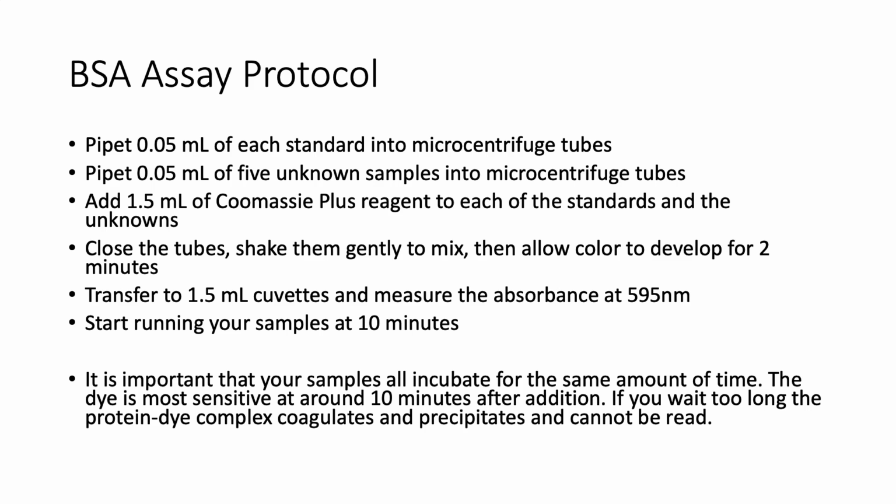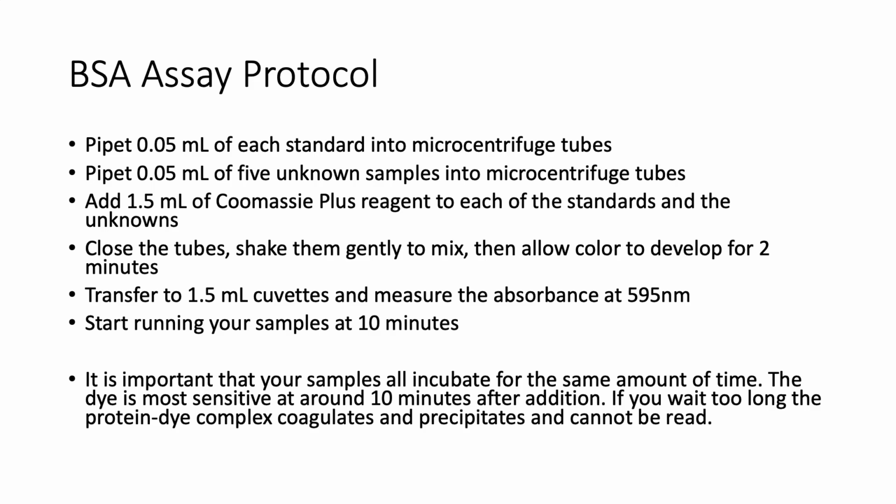The way this is going to work in lab is that you will be using little microcentrifuge tubes and the micropipettors. This is a very quantitative experiment, so you need to get really good with your micropipetting technique. Make sure that you don't contaminate your samples because you're going to be working with very small quantities, microliters of things. So you want to make sure that you are changing your pipette tips at an appropriate time and using the pipettes accurately.